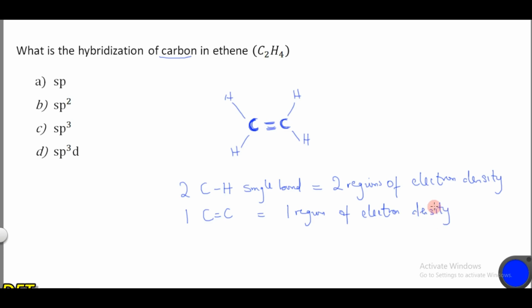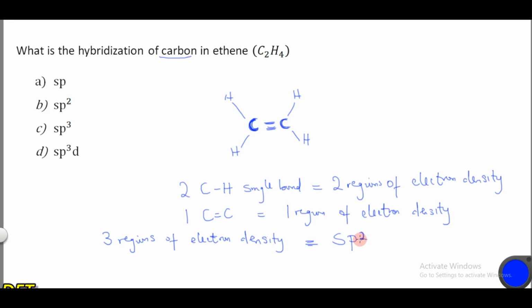So in total, 2 plus 1 gives us 3. We have three regions of electron density, and those three regions of electron density are equal to sp2 hybridization.